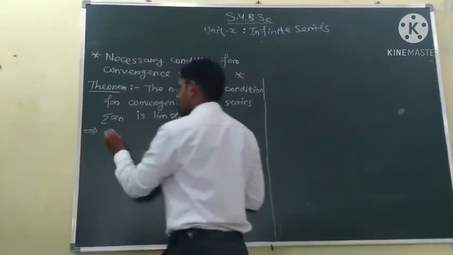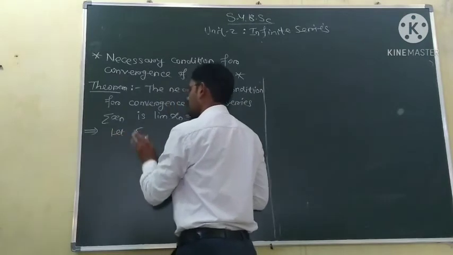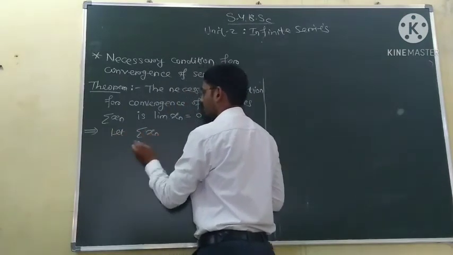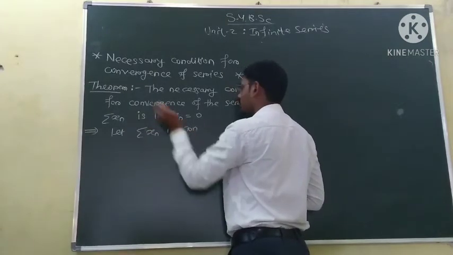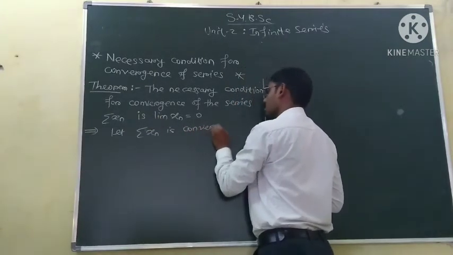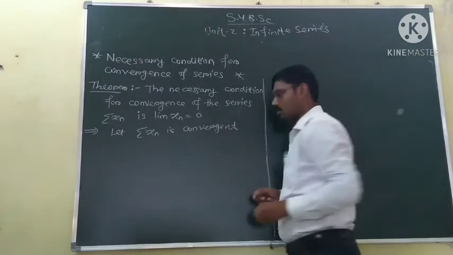So let the series xn, sum from n equal to 1 to infinity, be convergent. So suppose the series xn is convergent.